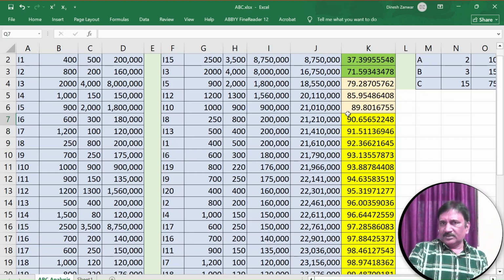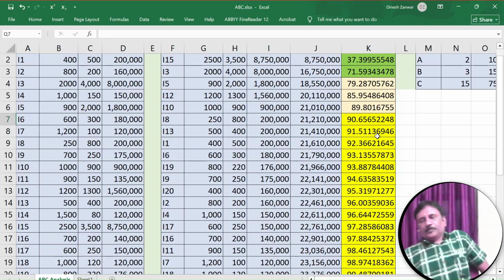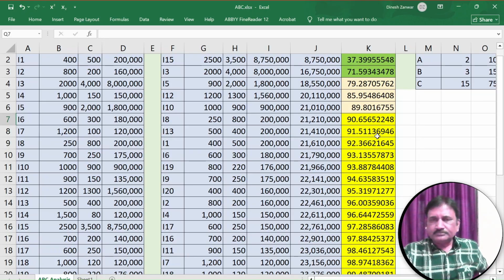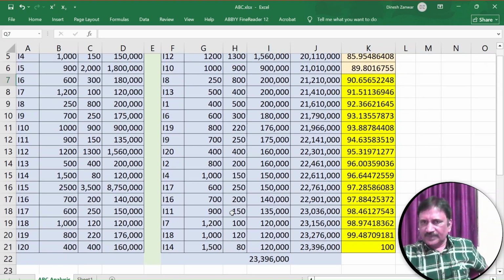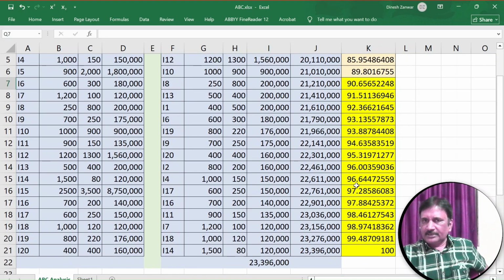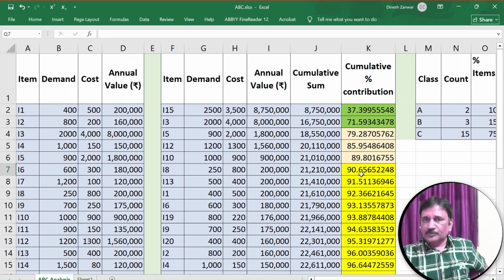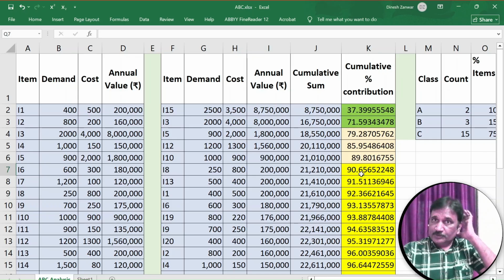I am not calculating actual consumption percentage, right? I'm calculating cumulative percentage consumption. So this figure divided by total consumption value, I am getting this cumulative percentage consumption contribution.